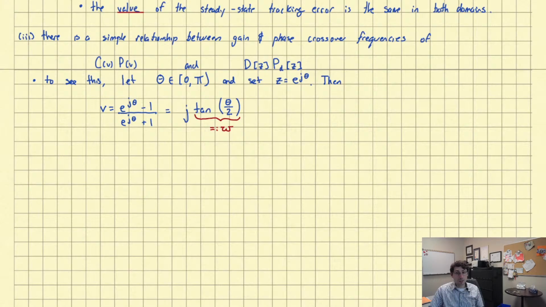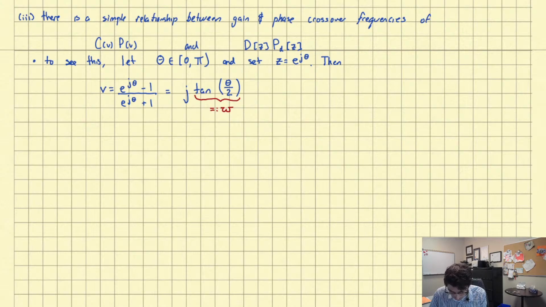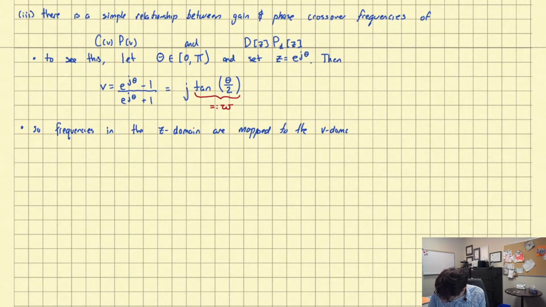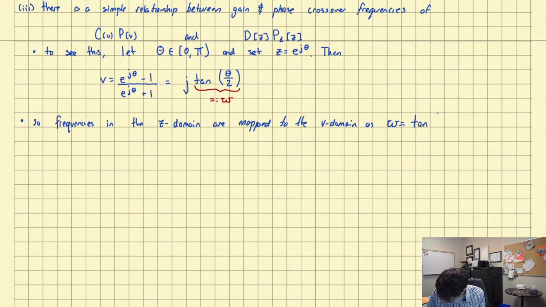So frequencies in the discrete time domain, theta, let's call it, get mapped to frequencies in the continuous time, or the V domain, through this simple expression here.